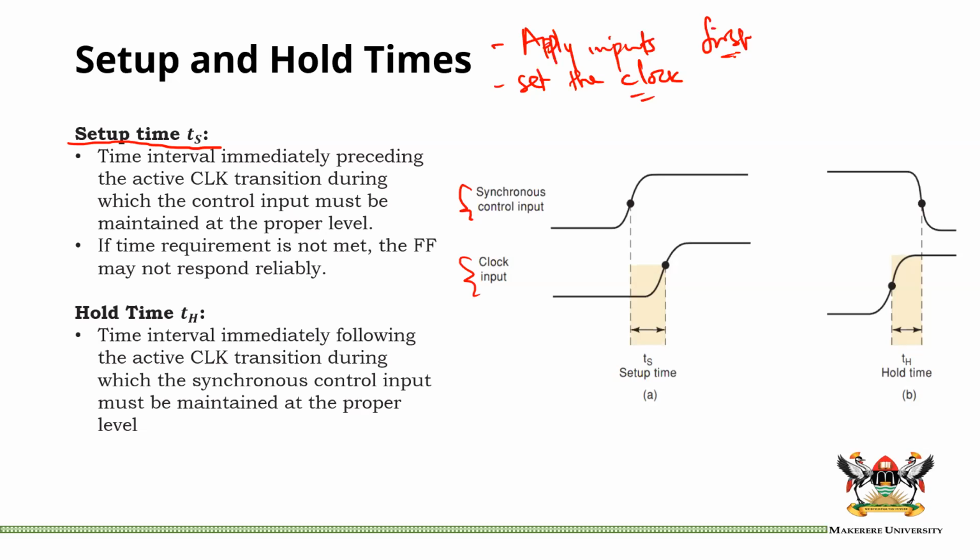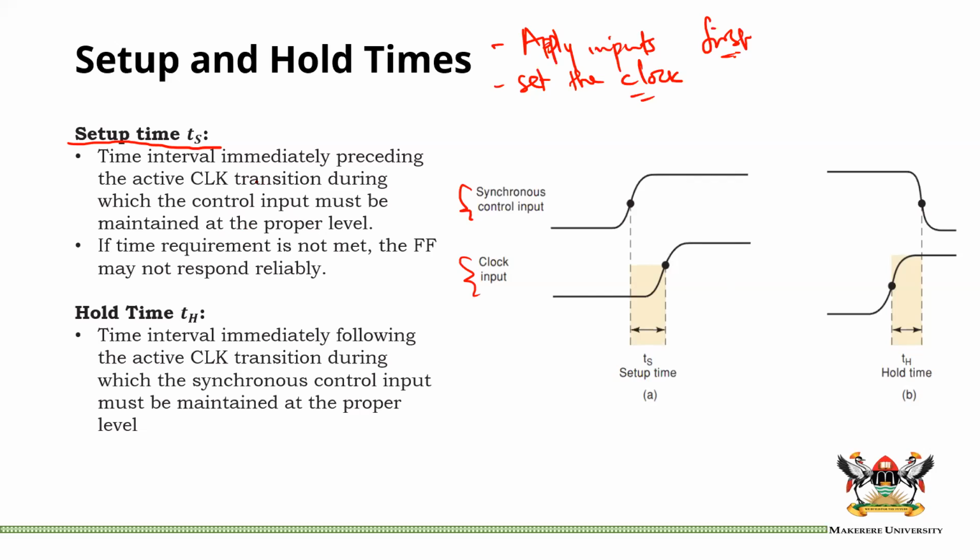And even when they get to 1, they are a bit unstable. They need to stabilize. Remember, these are voltages and currents, and they are resistors, and there are so many things changing. So I need to give my new inputs a bit of time to settle down into their new states. And then after that, I can give the clock transition, and you can see it here.